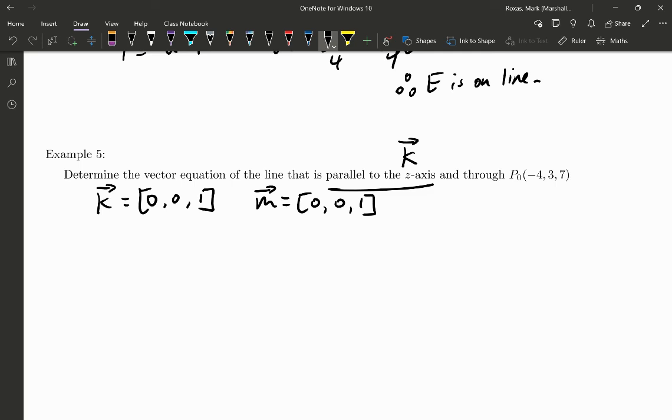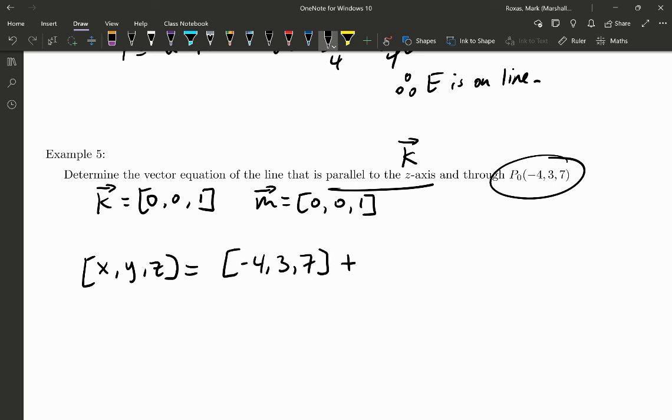So my vector equation of this line, x, y, z, is going to be parallel and has to pass through that point P. So I'm going to turn that point P into a point vector: negative 4, 3, and 7, plus some scalar multiple t times the direction vector 0, 0, 1. And that's going to be my vector equation.